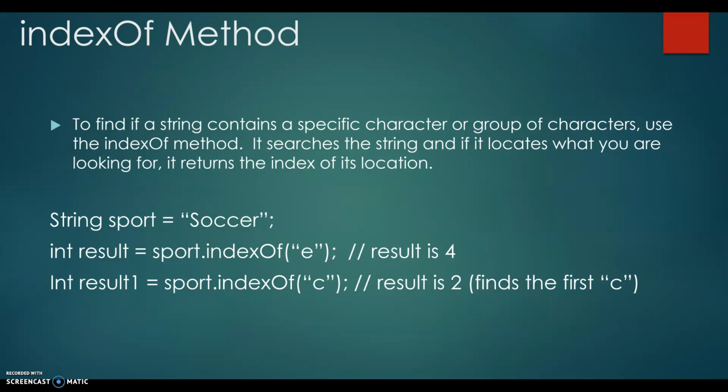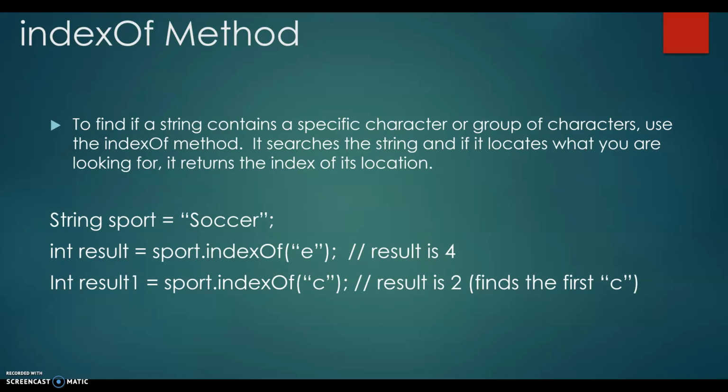So in this example right here, we have declared and initialized the string sport, and it contains the value soccer. When I run indexOf on sport, I can look for a specific character. In my first example, I've got sport.indexOf E. It's going to search the string soccer, and if it can locate the E, it's going to return the index position of E, which is 4.